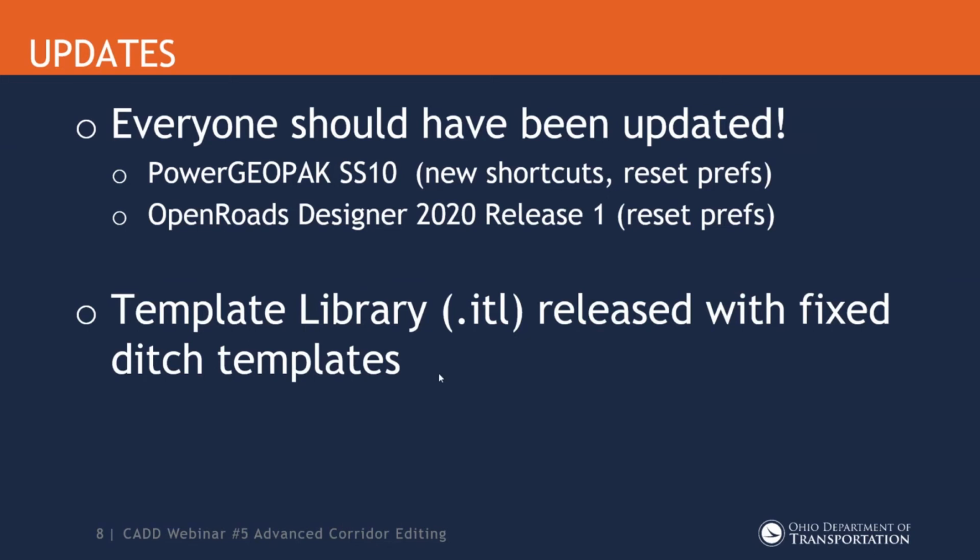If you haven't done anything yet and you want those templates, you can just replace the ITL file with the seed one. Or if you've already done stuff, you can use Template Library Organizer to move things around and get those newer templates inside your workset template.